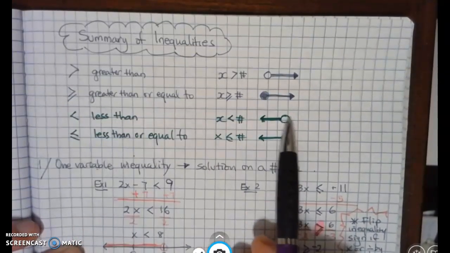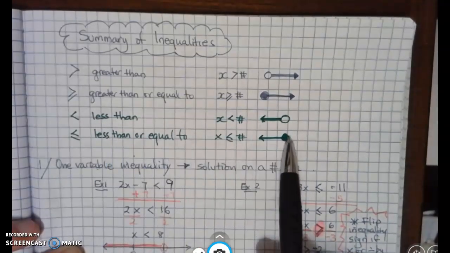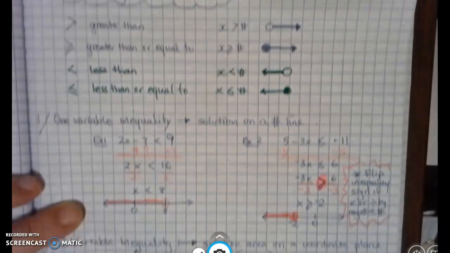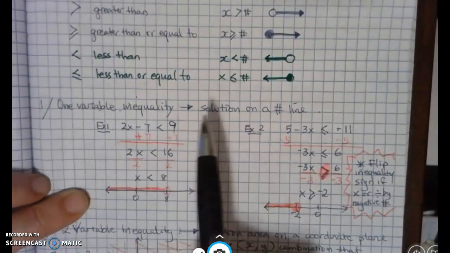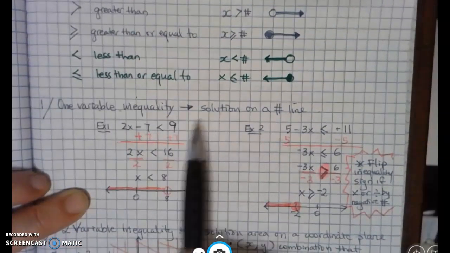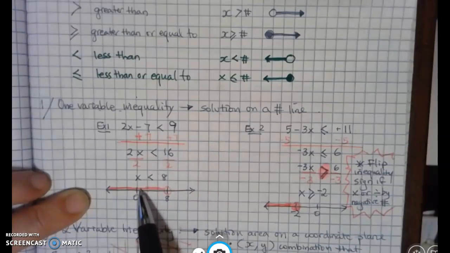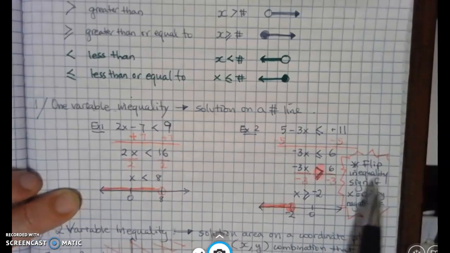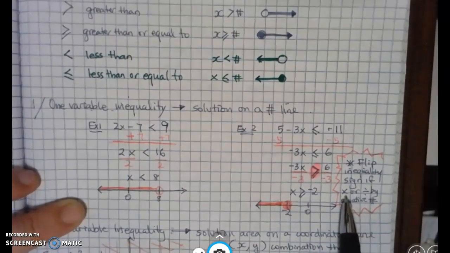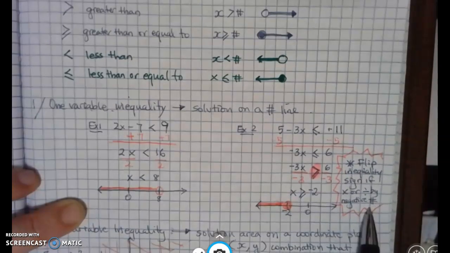Less than will be an open circle pointing to the left, and less than or equal to will be a closed circle pointing to the left. We also talked about one variable inequality. To solve those, you solve just like when you are solving equations. The only thing you need to remember is that you need to flip the inequality sign if you are dividing or multiplying by a negative number.